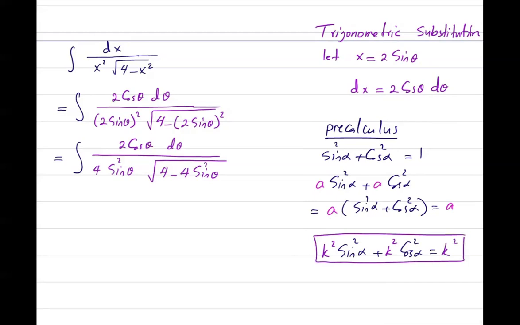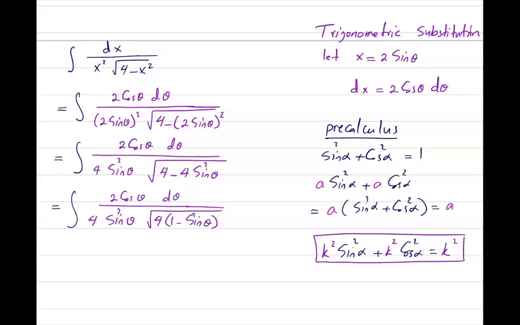Very good. So let's go back to our integral. This integral can be written as the integral of 2 cosine theta d theta divided by 4 sine squared of theta times the square root of, if I factor out 4, I end up with 1 minus sine squared of theta, but 1 minus sine squared of theta is cosine squared. Can we simplify this a little bit further?